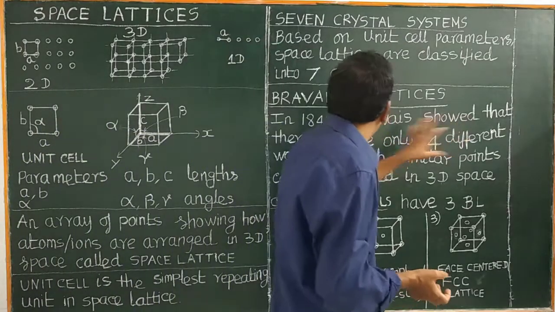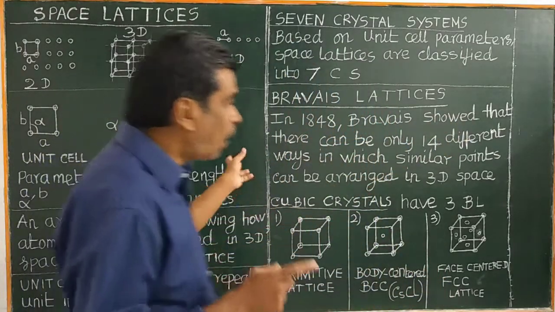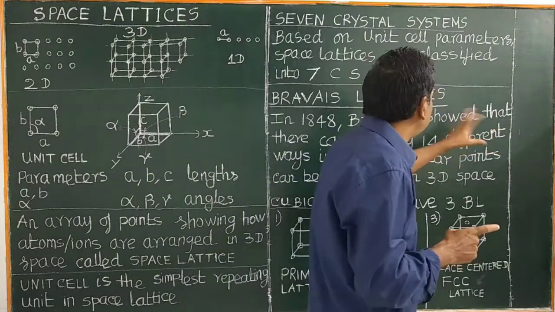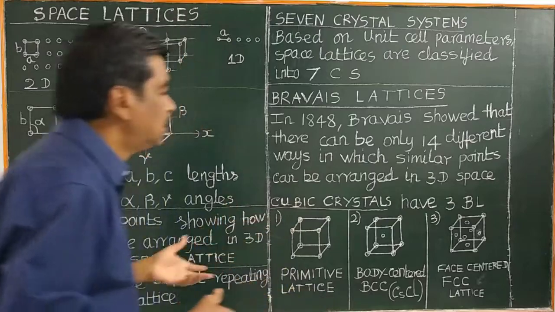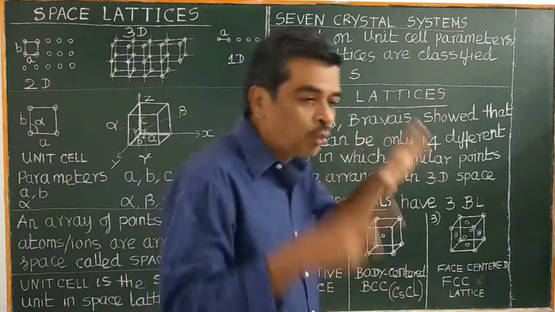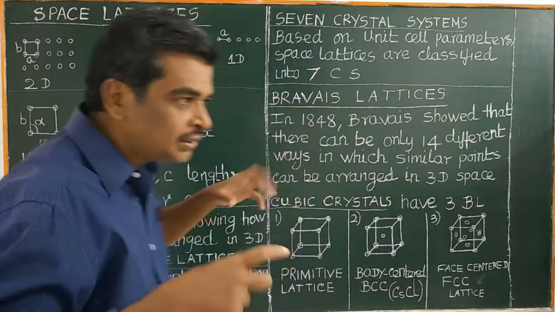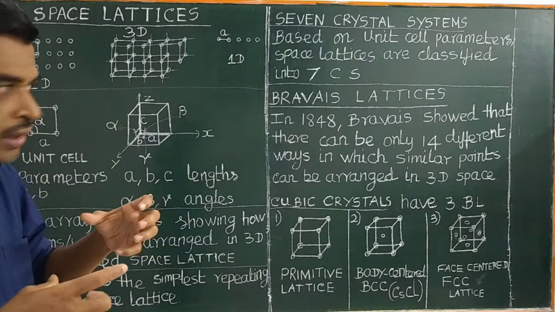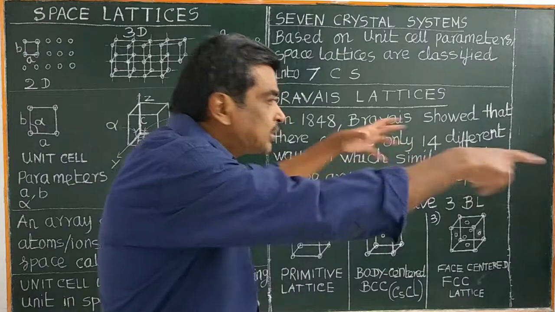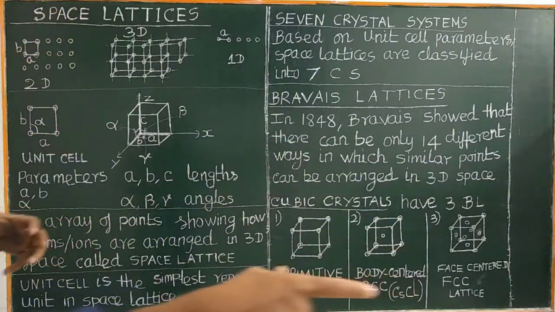He showed, from geometrical considerations, that there can be only 14 different ways the atoms or balls can be arranged in three-dimensional space to form a network.